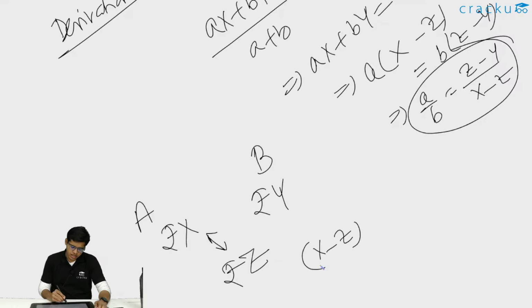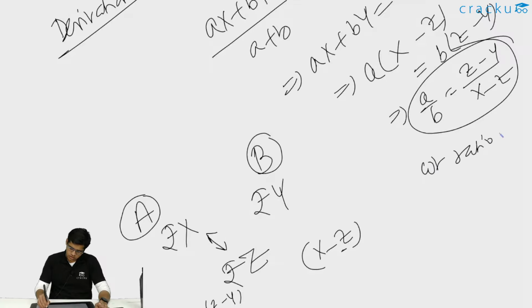Now remember guys, if Z is coming at the end here, then in this difference Z should come first, meaning Z minus Y. So basically the weight ratio of A and B will be the inverse of the difference ratio.